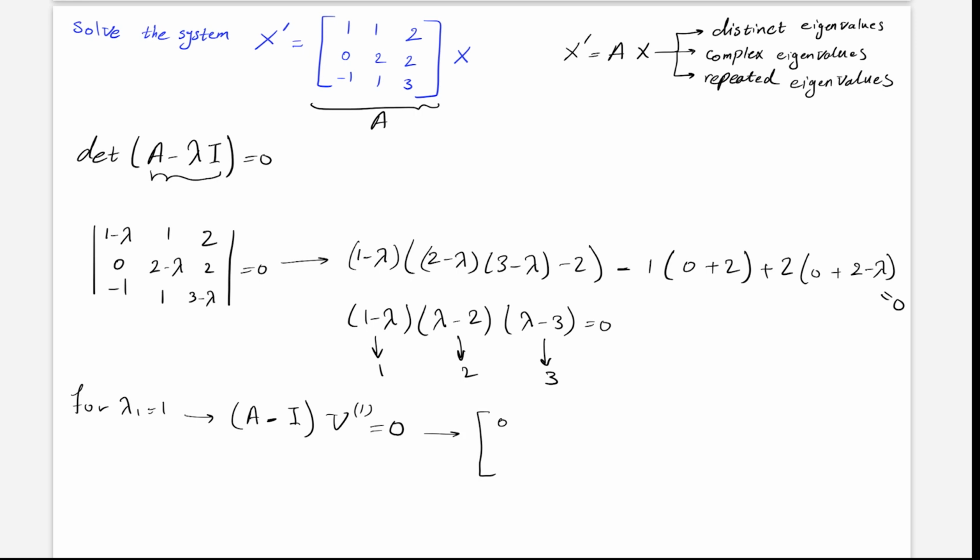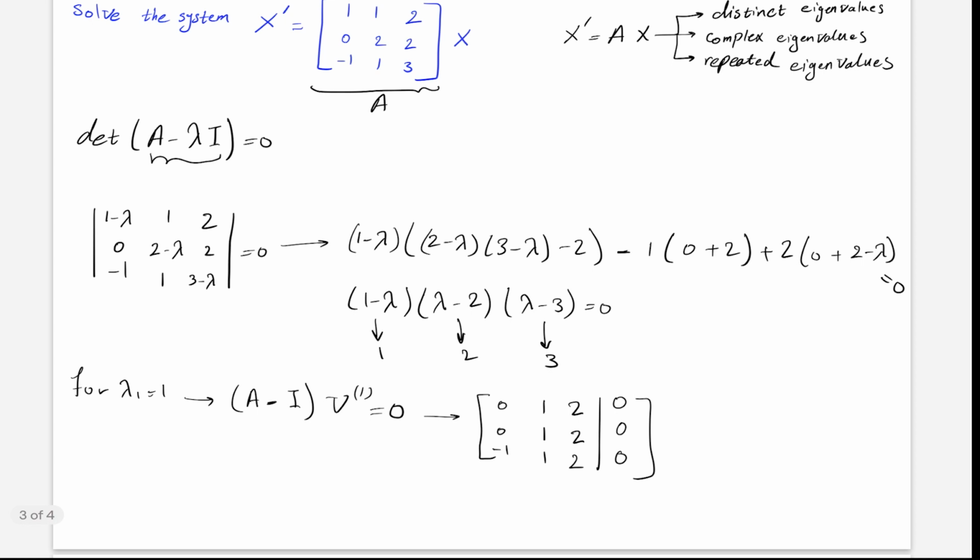If we put 1 here, it will be 0, and the other entries will be the same. Remember this was a determinant, so we need to convert it to the matrix. The other entries will be 1, 2, 1, and 3 minus lambda, which is 3 minus 1, which is 2. And the other side is 0.